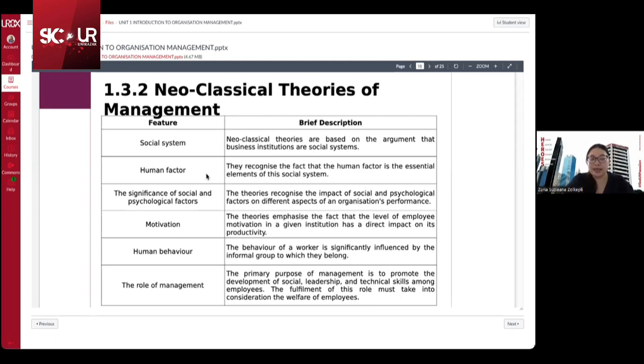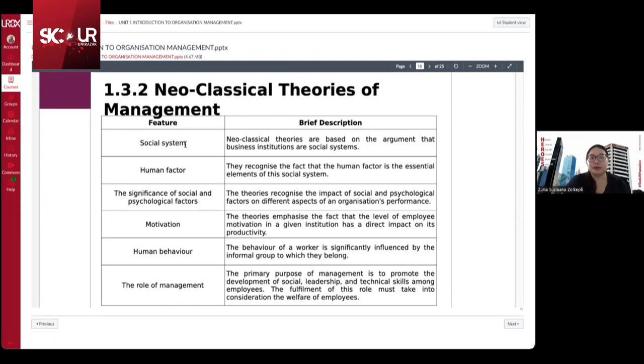Each individual has their own attitude, their own way of doing things. Some might be very detailed, and some might not. So these are the human factors. Under neoclassical theory of management, they started to introduce human factors.